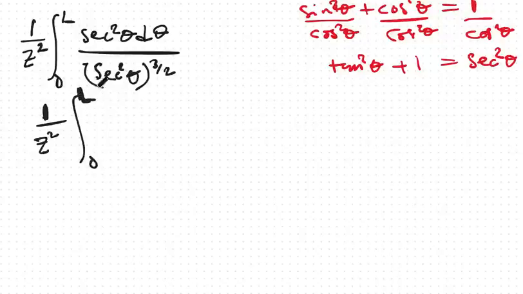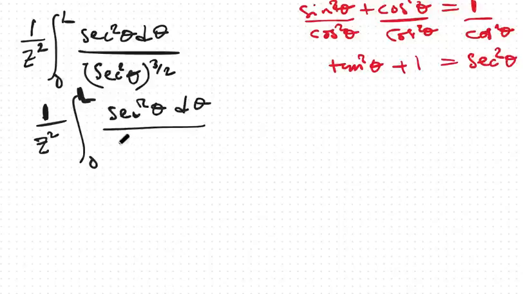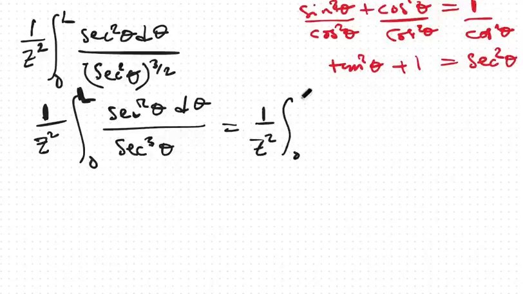Okay, let me take it bit by bit. Sec squared theta d theta divided by sec cubed theta, right? I can now cancel, then I'll be having this equal to 1 over z squared, the integral from 0 to L of d theta divided by sec theta.